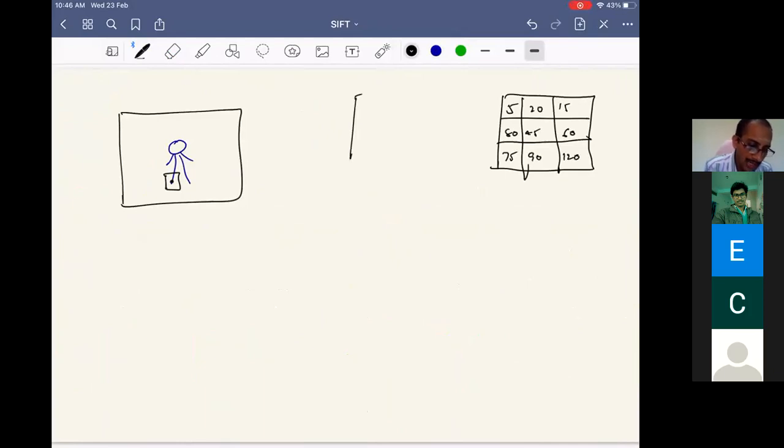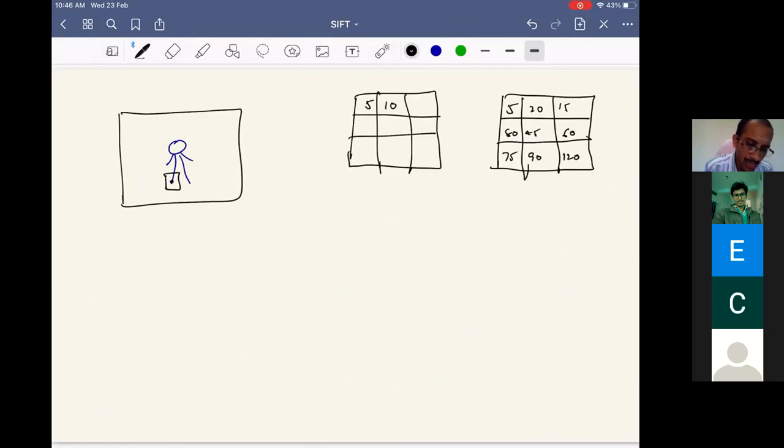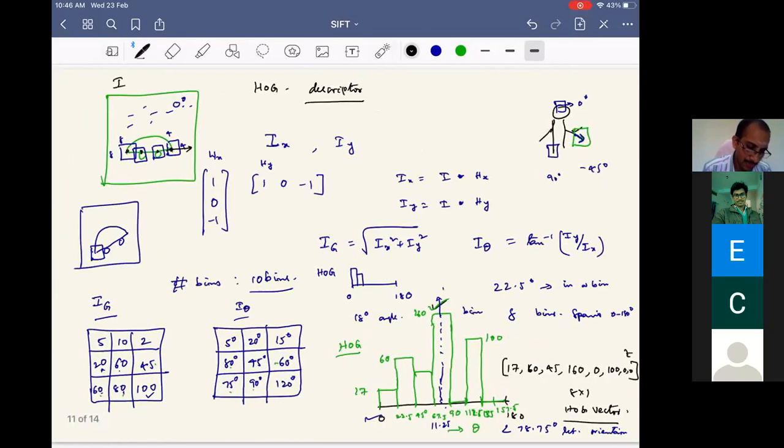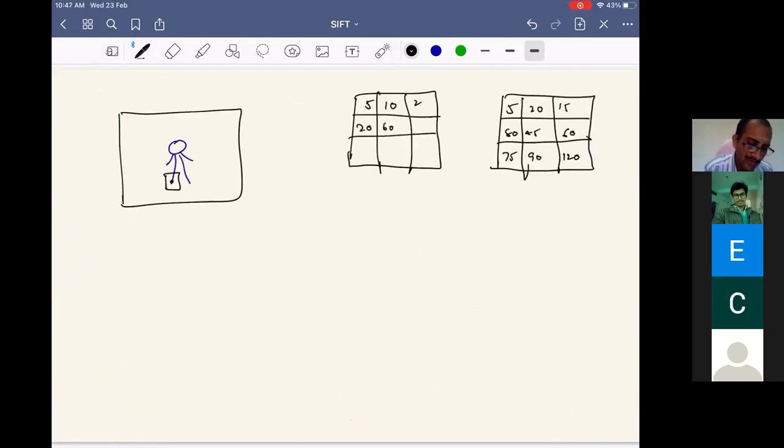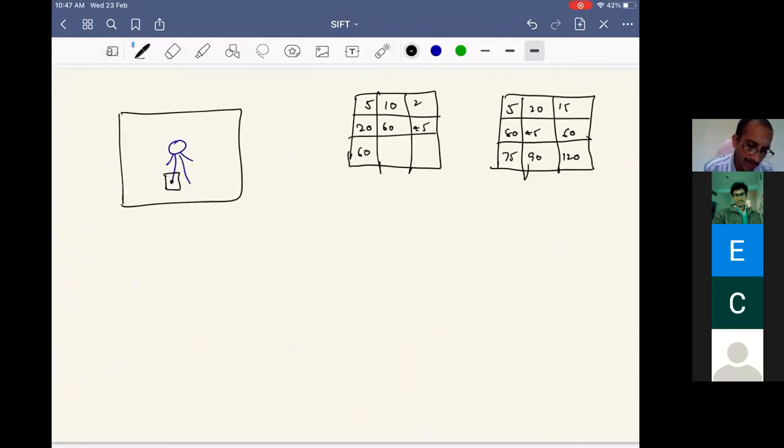And I also have the corresponding magnitudes: 5, 10, 20, 60, 45, 60, 80, 100. So this is the object patch I have considered, and these are its descriptions.